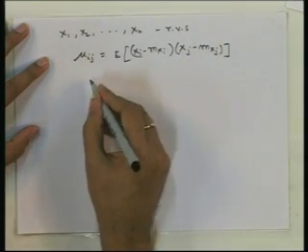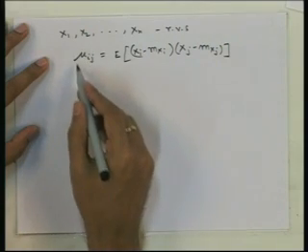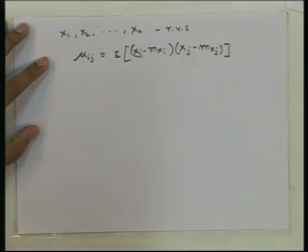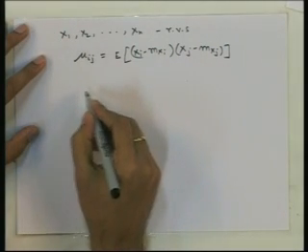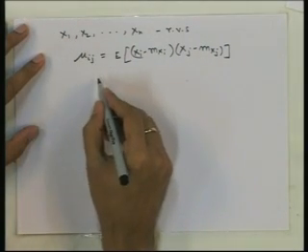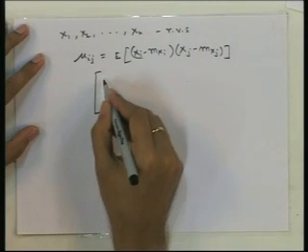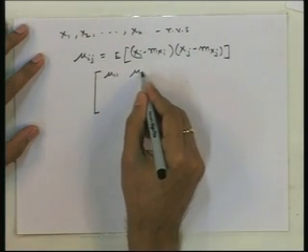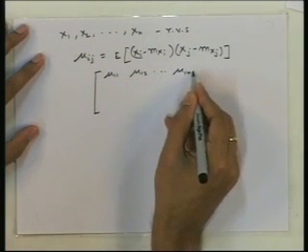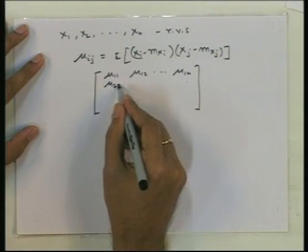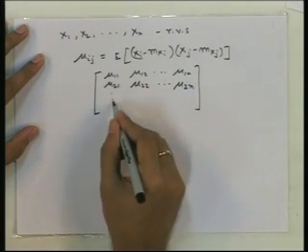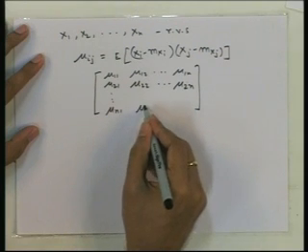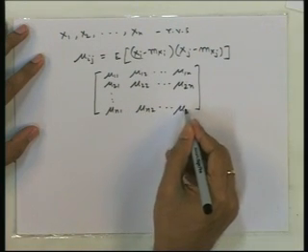Then we can take the matrix with these components, and that is called the covariance matrix. So, we can take this matrix: mu 1 1, mu 1 2, up to mu 1 n, mu 2 1, mu 2 2, up to mu 2 n, and so on till mu n 1, mu n 2, up to mu n n.